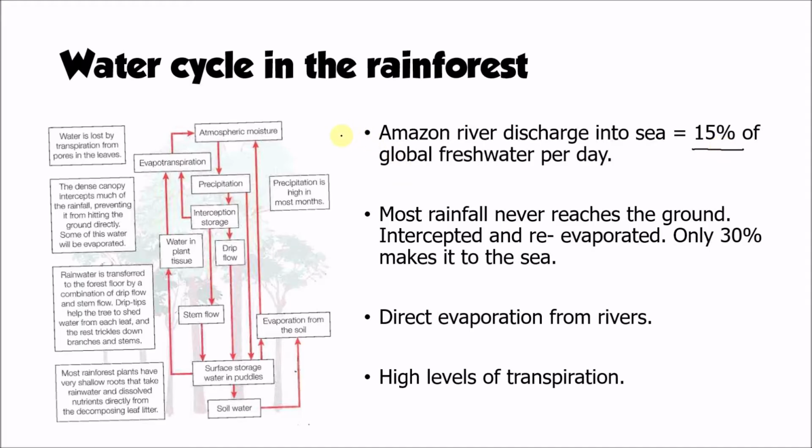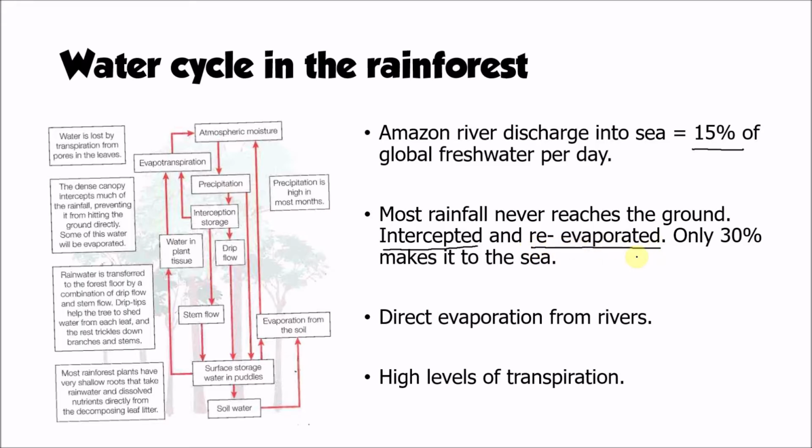Now, one thing that's unusual about the water cycle within the rainforest is that most of that rainfall never actually reaches the ground. Because of the dense canopy of trees and the warm temperatures, the water is very quickly intercepted by the canopy and is then re-evaporated back into the atmosphere.